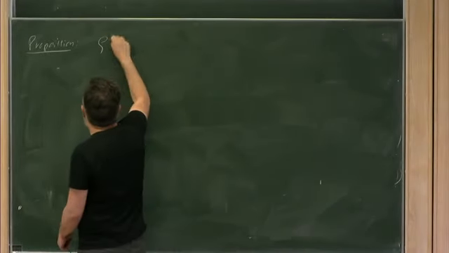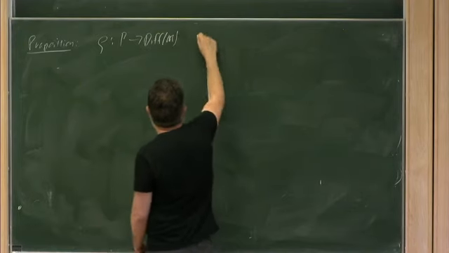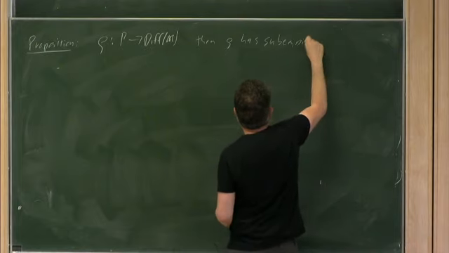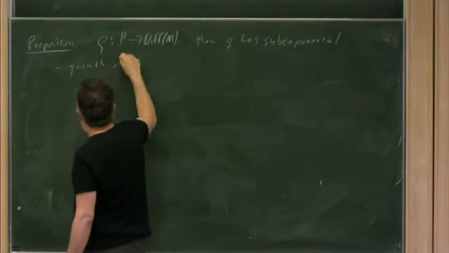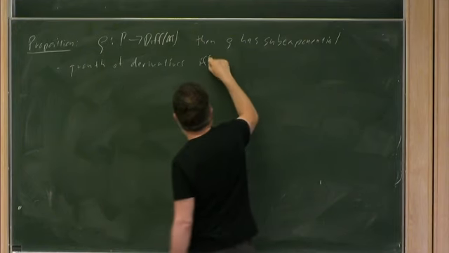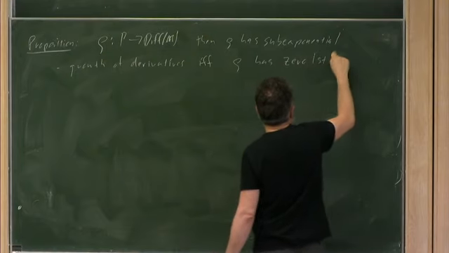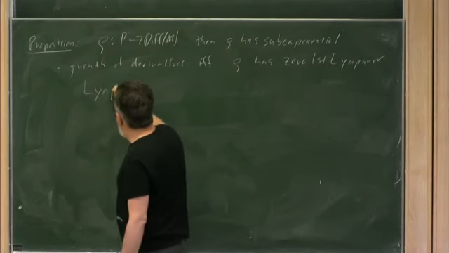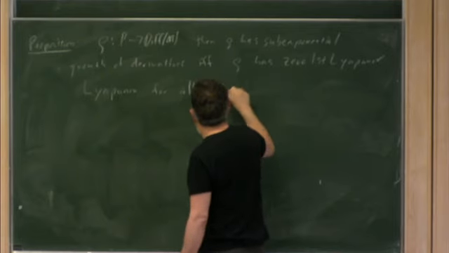So if I have rho just from Z to Diff(M), then rho has subexponential growth of derivatives if and only if rho has zero first Lyapunov exponent, and you should be hesitating a second: wait, these things are just equivalent? There's an important caveat here, which is for all Z-invariant measures.